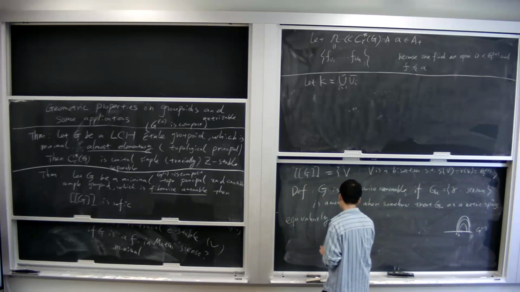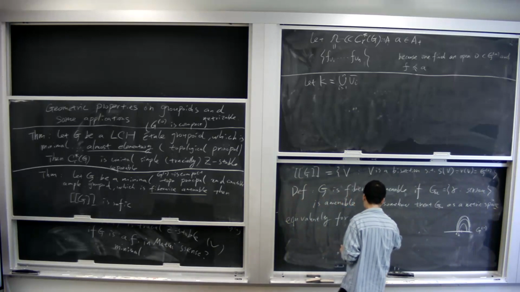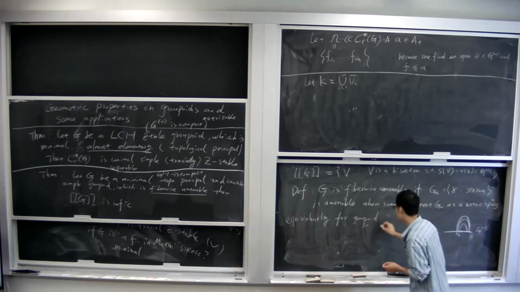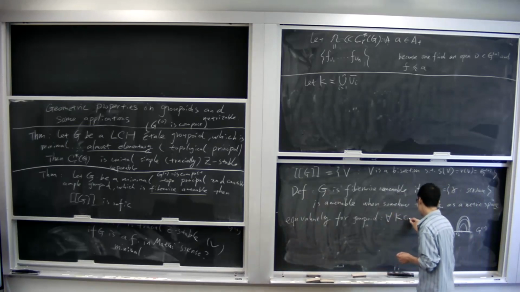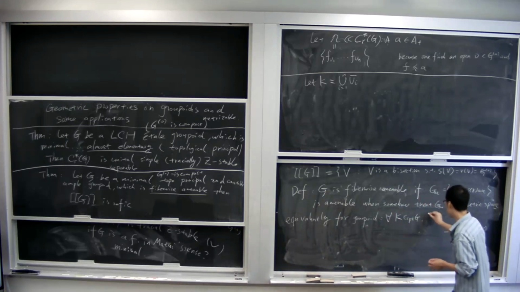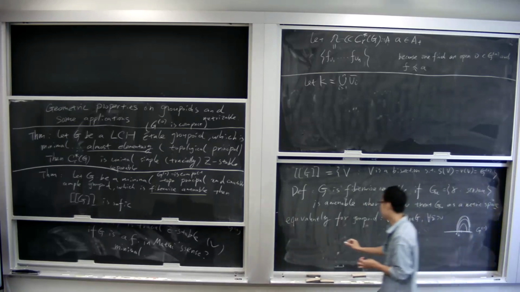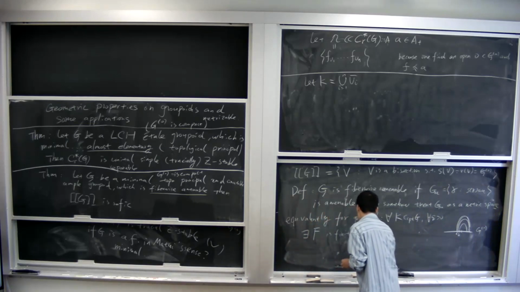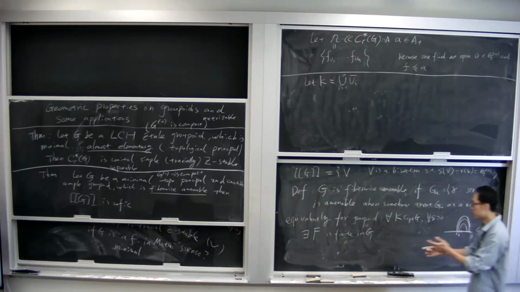for groupoids, the fiberwise amenability is just equivalent to saying that for any compact set K in G, and for any epsilon bigger than 0, you can find a finite set F in G. It may come from different fibers, but it doesn't matter; you can just choose from one fiber.